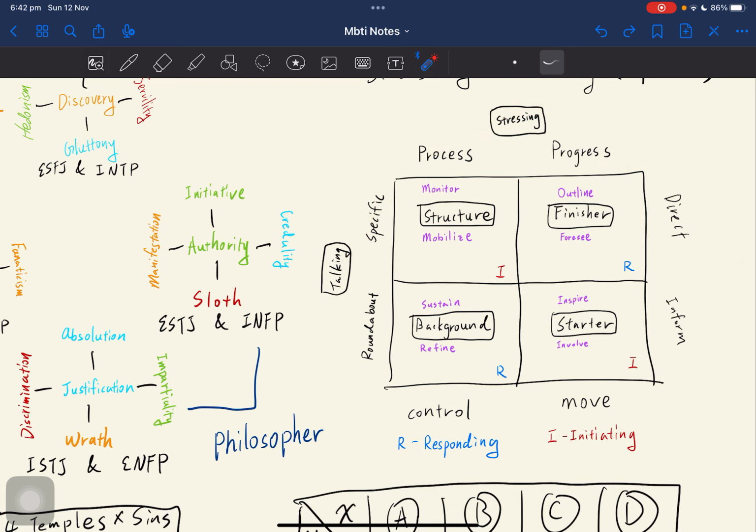Of course, sometimes even response types need to initiate, but once the conversation has started, they will be mostly in response mode, and initiating is not something they prefer to do. If they have any choice, they would prefer to be on the responding side.